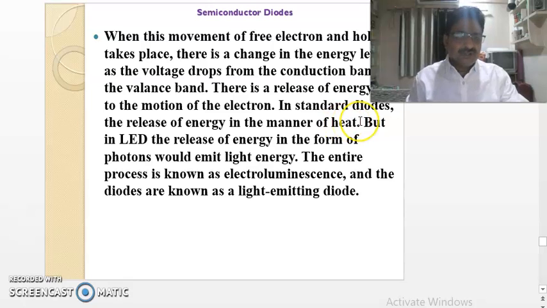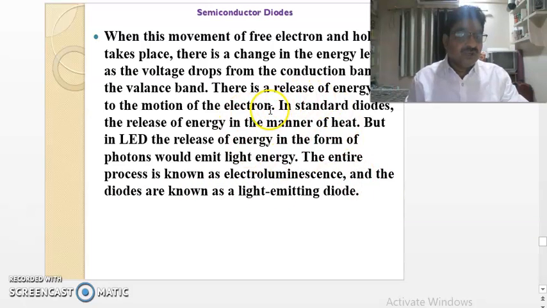In a semiconductor PN ordinary junction diode, the release of energy is in the form of heat. But in the LED, the release of energy is in the form of photons, which emit light energy. The entire process is known as electroluminescence, and the diodes are known as light emitting diodes.